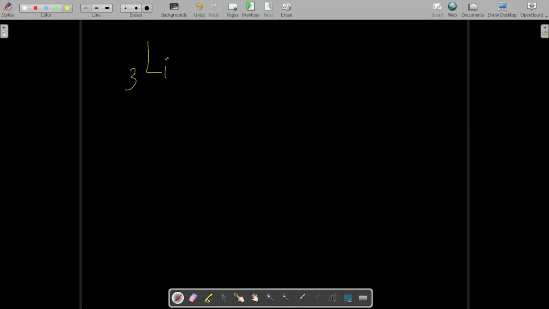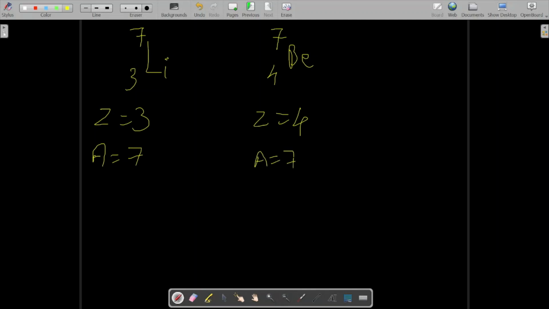Li-7 (lithium 3,7) and Be-7 (beryllium 4,7). Over here Z is equal to 3, and over here Z is equal to 4. A is equal to 7 in both. What will be the neutron number N? It will be A minus Z, which is 7 minus 3, equal to 4.